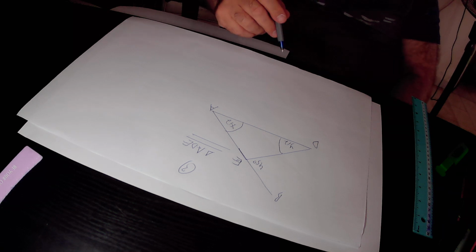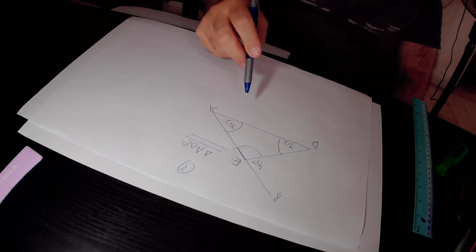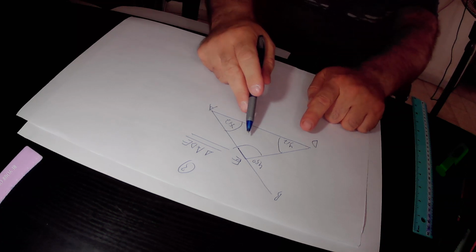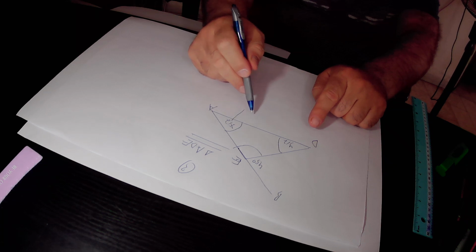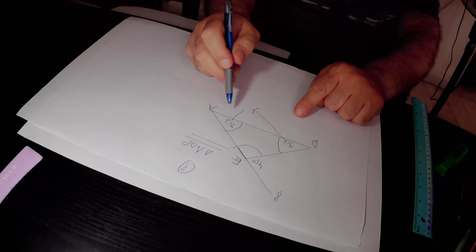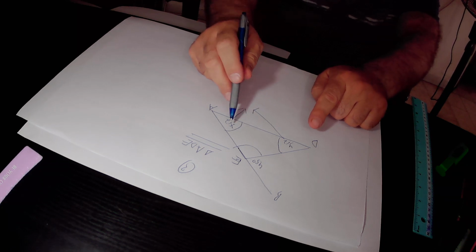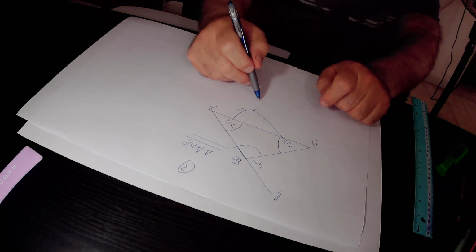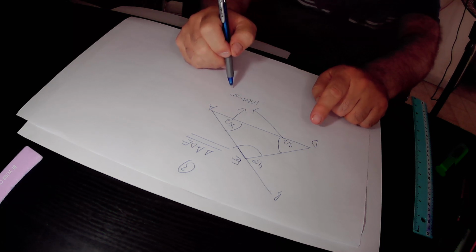And we have also this angle. Those three angles are all defined as interior angles of this triangle AED, because they are located inside triangle AED.